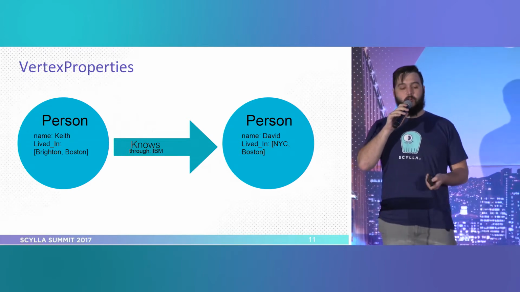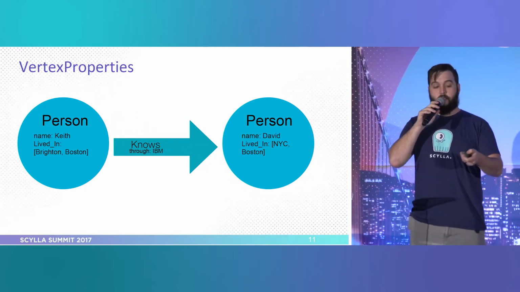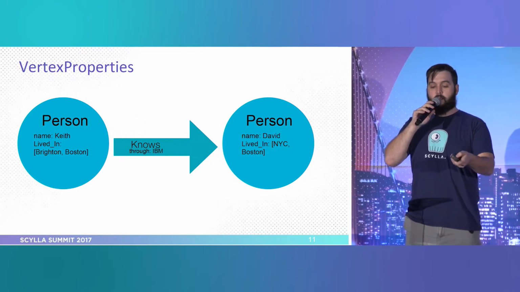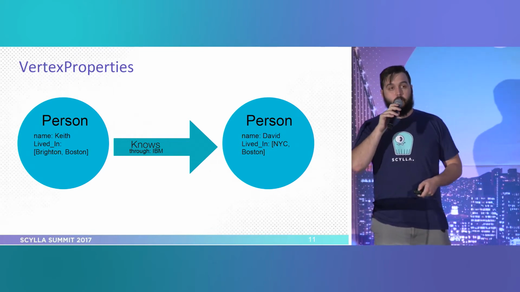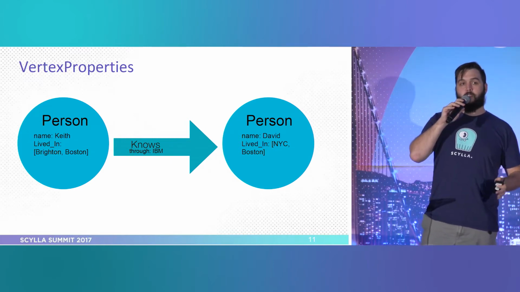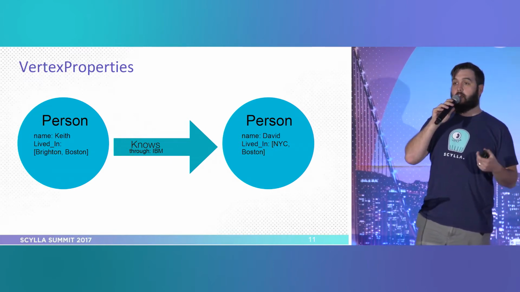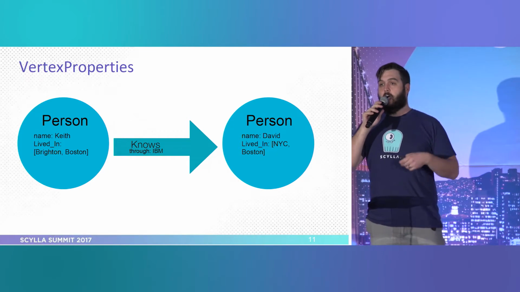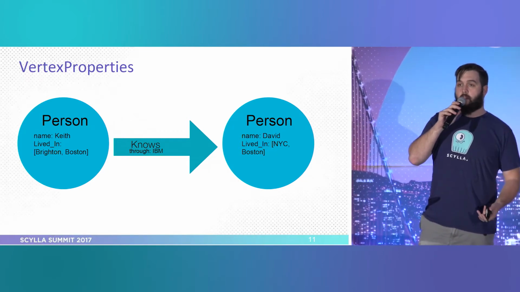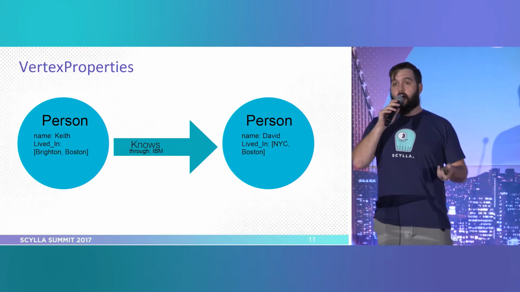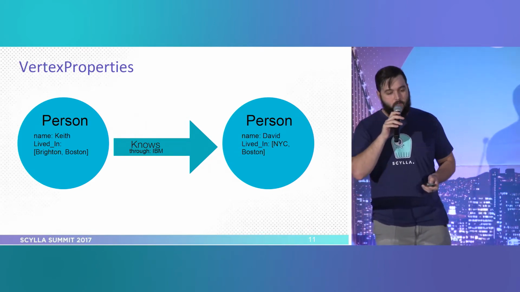So you can see here, the person, Keith, lived in Brighton and Boston, and David lived in New York City and Boston. This is different from the properties that you can have on an edge because they can have a higher cardinality than just one. You can have a list or a set be the value of this property.